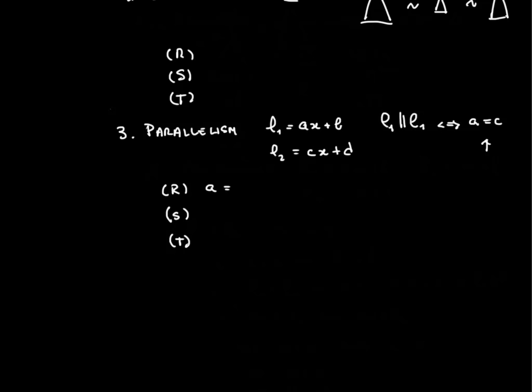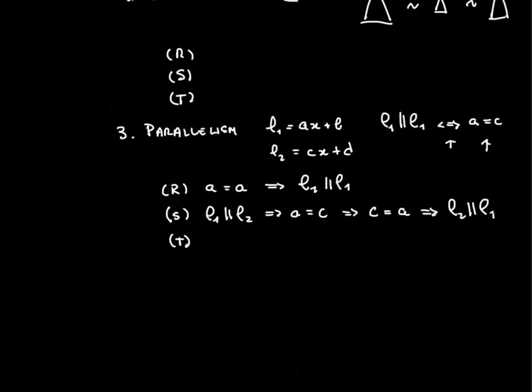Because A is equal to A, we necessarily have L1 is parallel to itself. Now for symmetry, if L1 is parallel to L2, this necessarily means that A is equal to C, because we have this condition if and only if A is equal to C. But we know that equality is an equivalence relation, which means it is symmetric, which means that C is equal to A. Therefore, we can say that L2 is parallel to L1.